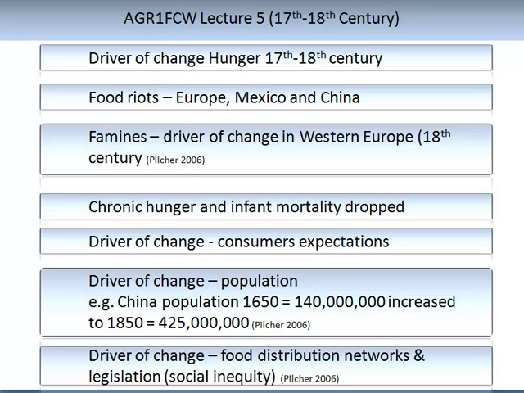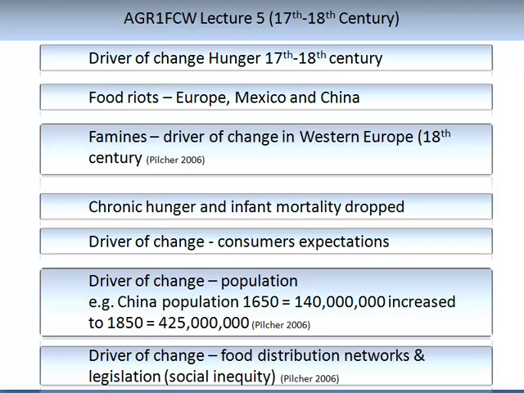Famines were common in Western Europe during the 17th century. This was a suggested driver of agricultural change by the 18th century, as agriculture had changed and better market structure existed, and therefore improvements were witnessed. The changes that occurred from the 17th to the early 18th century led to reductions in chronic hunger, and infant mortality dropped.